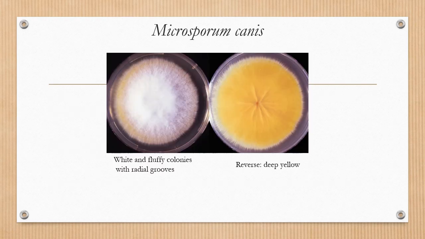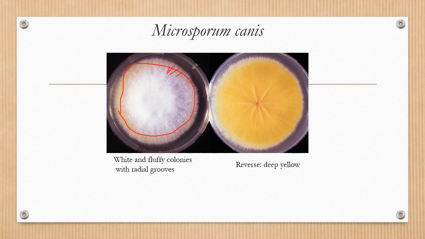This is what you see macroscopically. First you grow it on the Sabouraud dextrose agar, and this is the appearance of the colony. What you see here are white fluffy colonies with radial grooves. What we mean by radial grooves are these small whitish lines extending from the center.